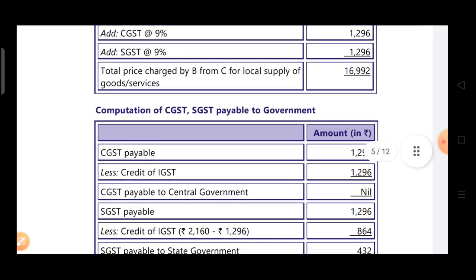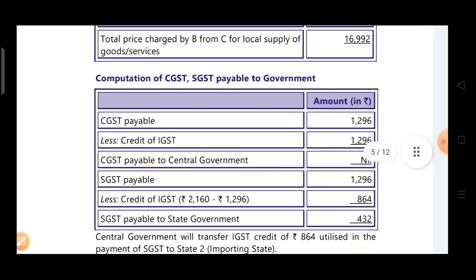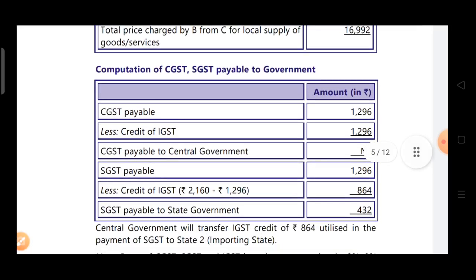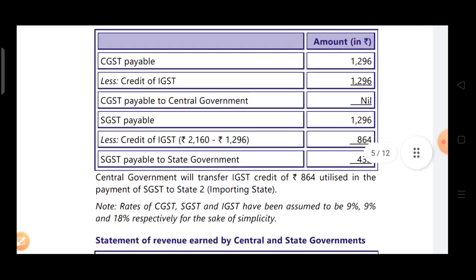So CGST payable was 1296 and IGST credit was 2160. Obviously we will not use the entire credit, we'll use only that much which is required. So we'll use just 1296. So there is no CGST payable to the central government, it is nil. Then SGST payable is 1296.